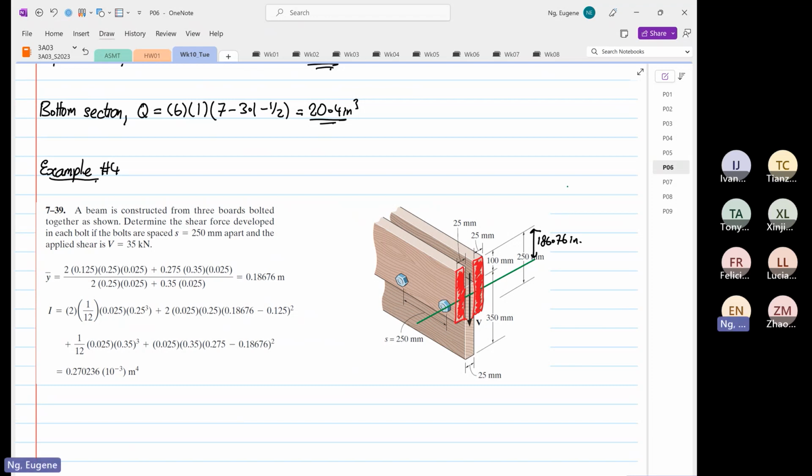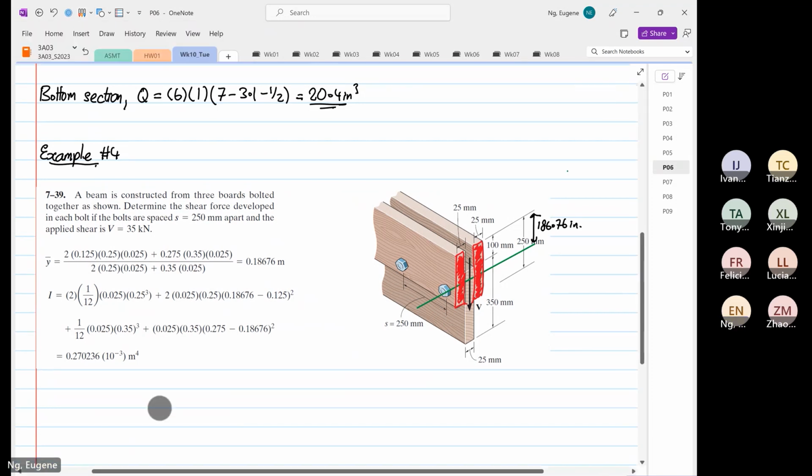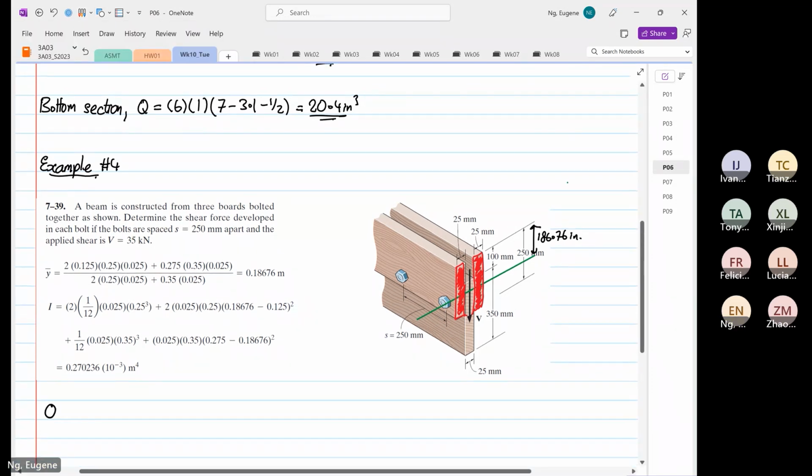Okay, so now we will do the calculation. The first moment of area now is equal to Q is equal to twice, and the width is 0.25.